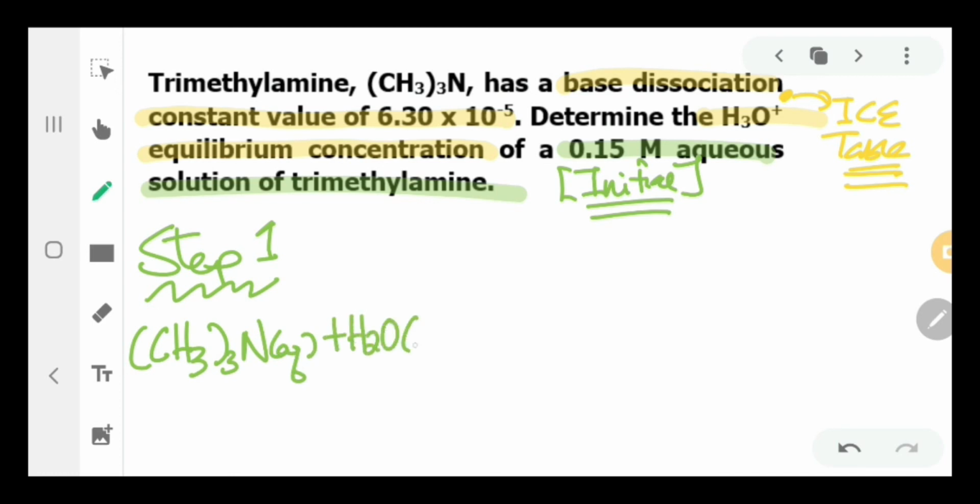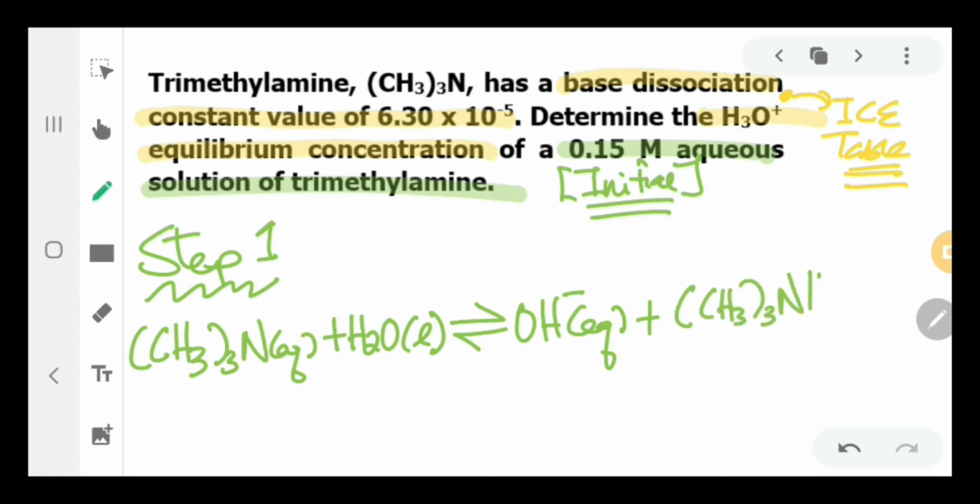So you need to have water liquid, and you'll get OH minus plus CH3NH3 plus aqueous. So this is 1 mark you're going to get for the balanced equation.